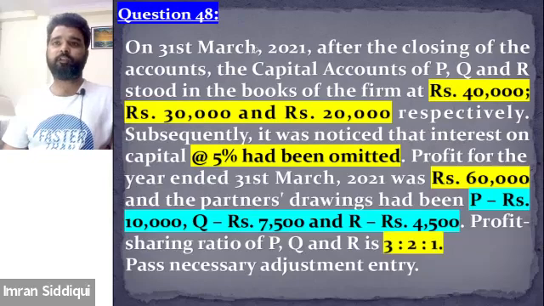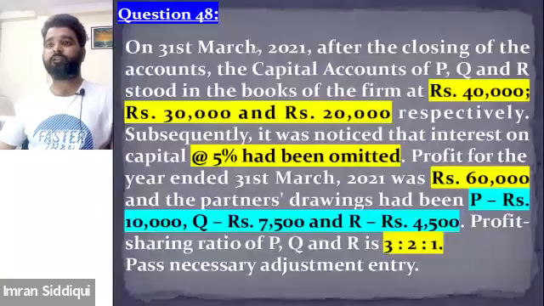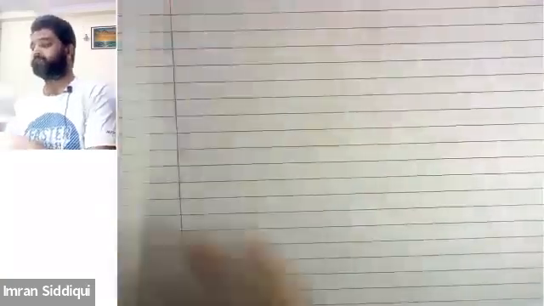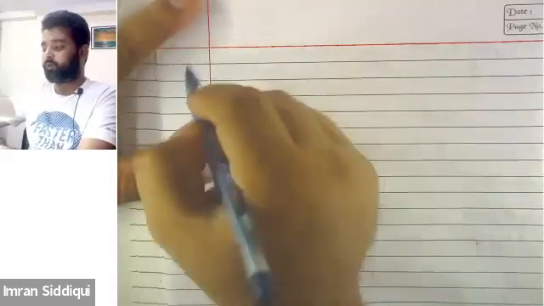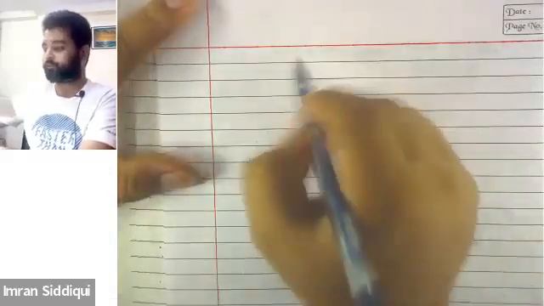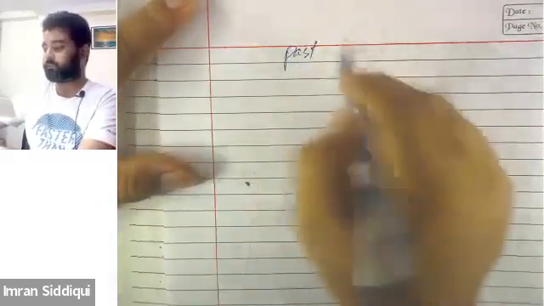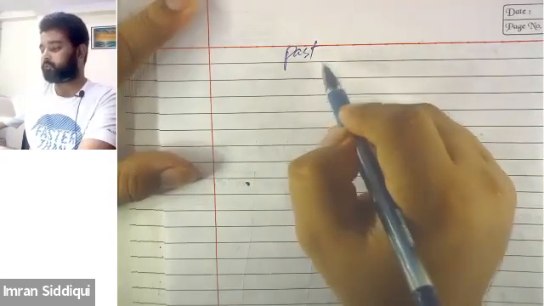Anyways, let me show you how that is done. In this question, unless and until we find the opening capital balance, we won't be able to find out the interest on capital. So first, make a working note. First of all, let's just make the format of the past adjustment.